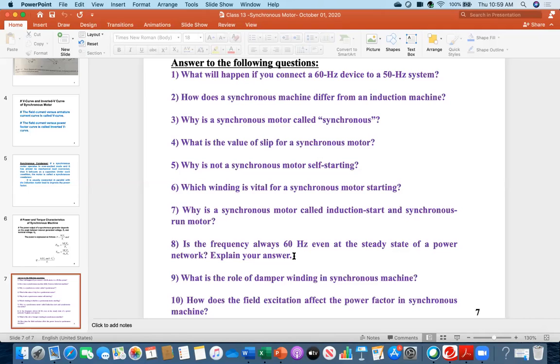I explained everything. Just keep in mind, this is pretty interesting, even at steady state, meaning the system is running fine. Okay, now this question: what is the role of damper winding in a synchronous machine? How would you answer this one?